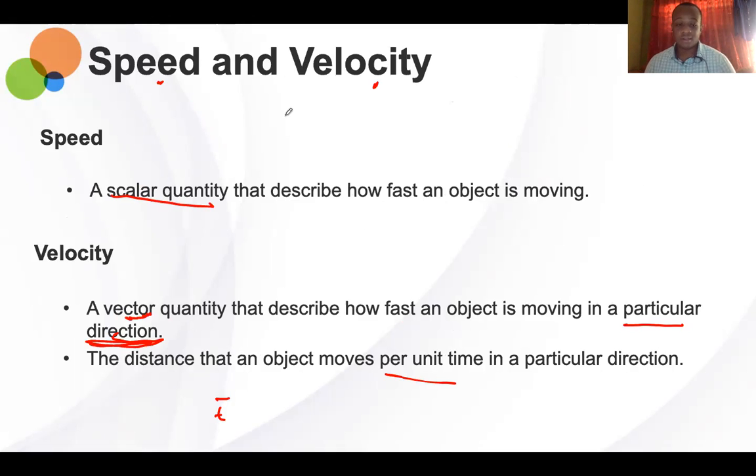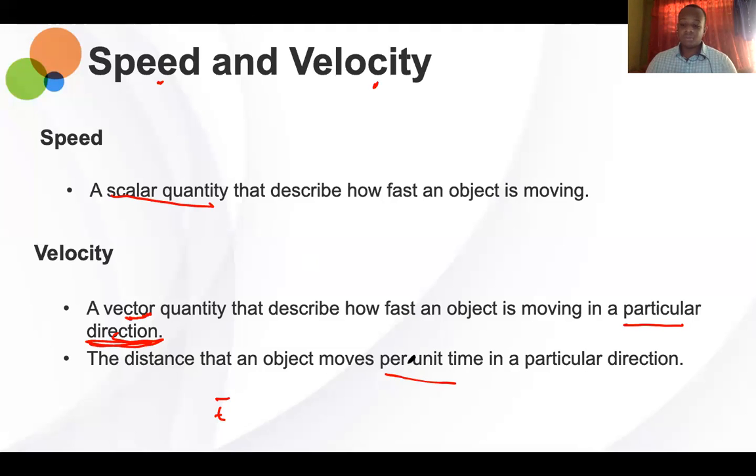On the other hand, velocity is a vector quantity that describes how fast an object is moving in a particular direction. We covered this last week. So we now get more specific as it relates to the direction. We say an object is moving 10 meters per second in a particular direction, or moving north 10 meters per second. So the distance that the object moves per unit time in a particular direction is our velocity. You see the direction coming up again, right?